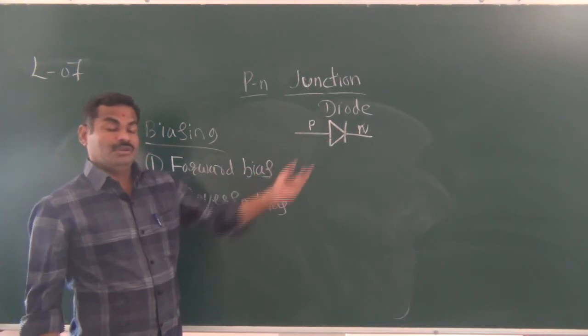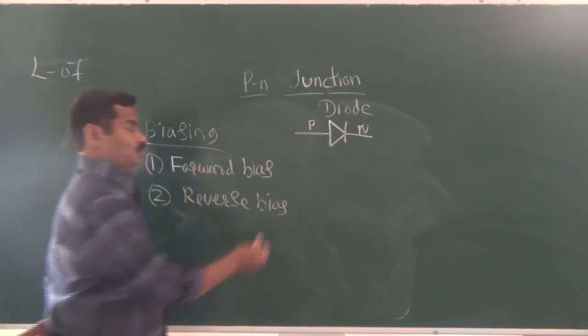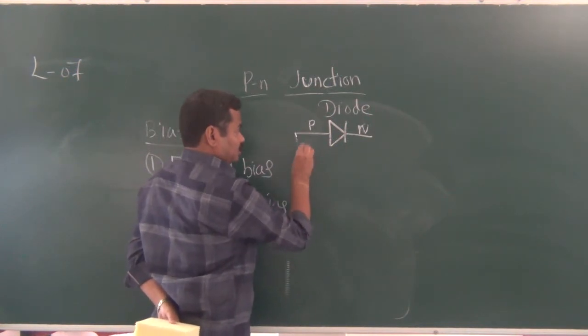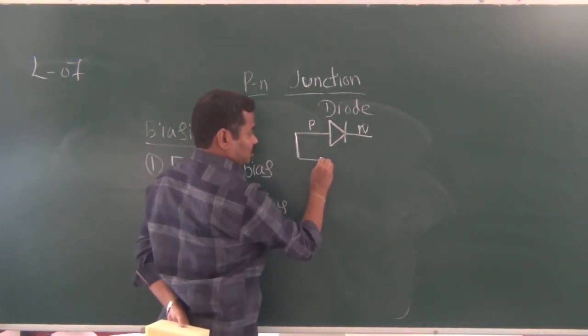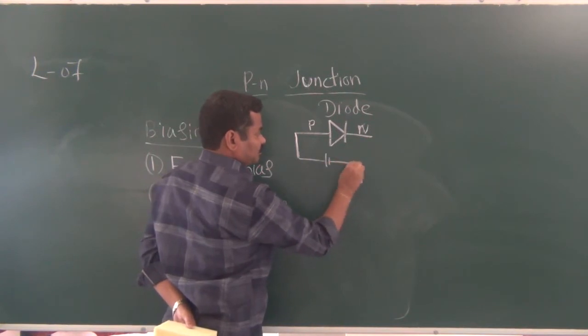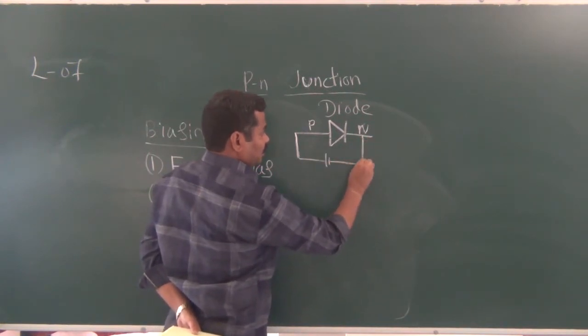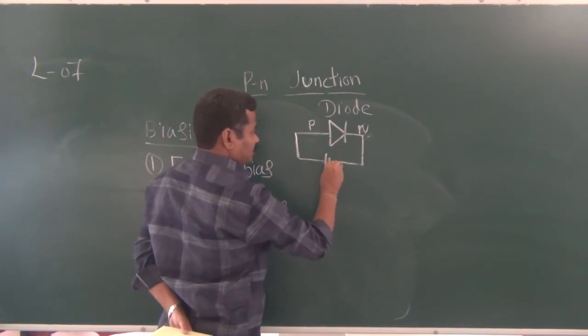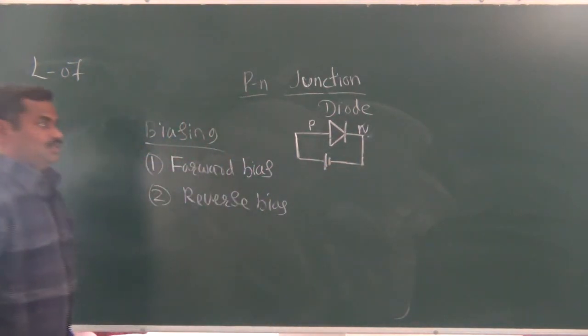In this diode, if you apply an external voltage, or apply a battery connection to the diode, that is nothing but biasing. Now, what is forward bias?